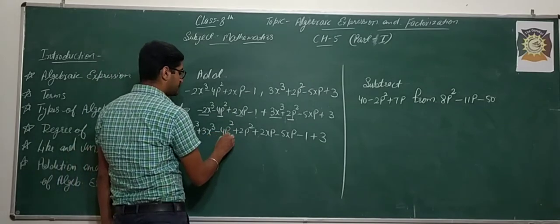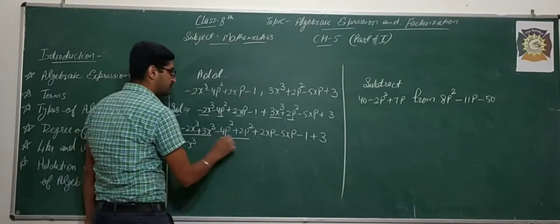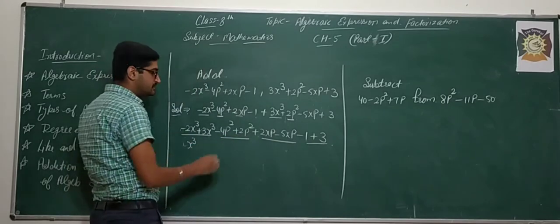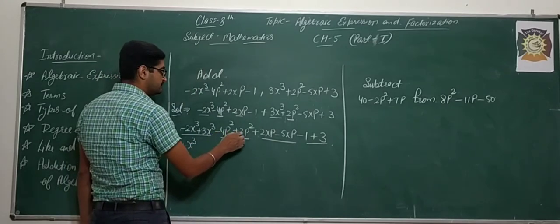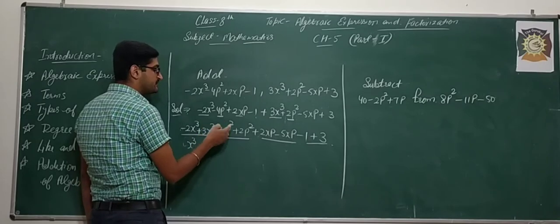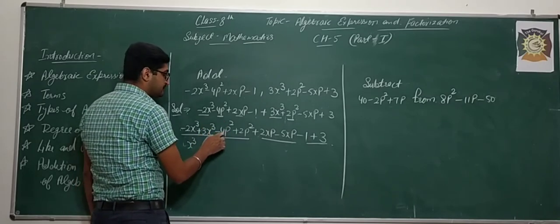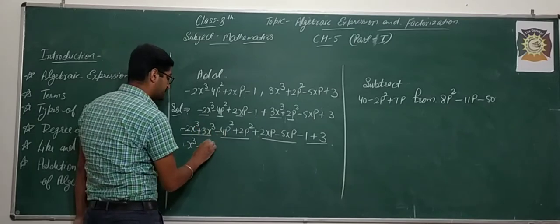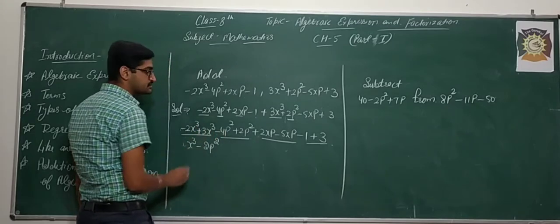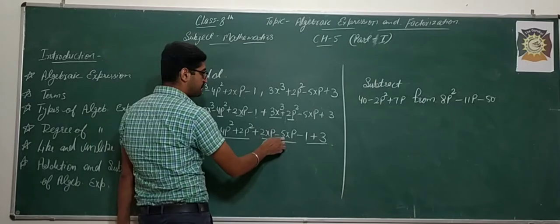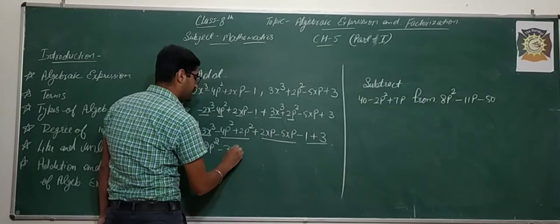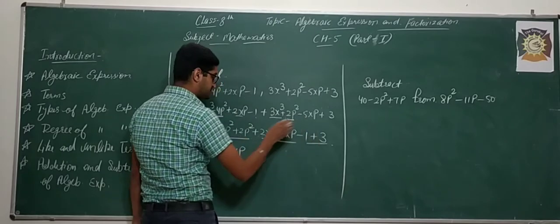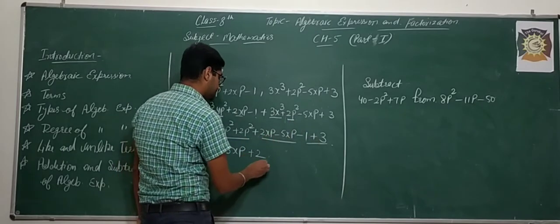Minus 4p square and plus 2p square: when we subtract 2 from 4, this will be 2, but the bigger digit is in minus, so the answer will be in minus. It is minus 2p square. Plus 2 minus 5, this will be minus 3xp, and minus 1 plus 3, this will be plus 2.